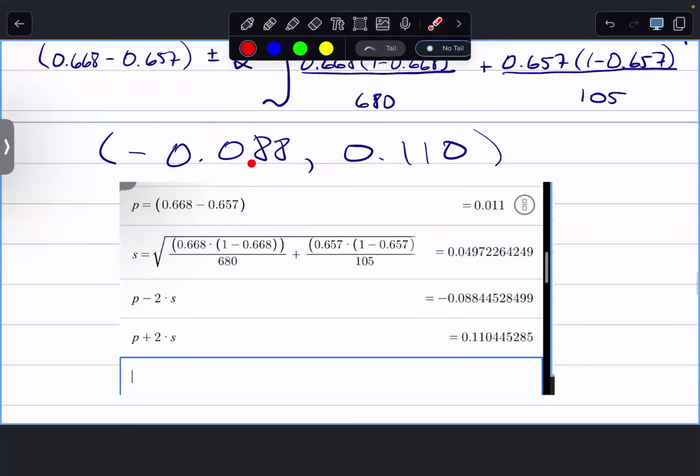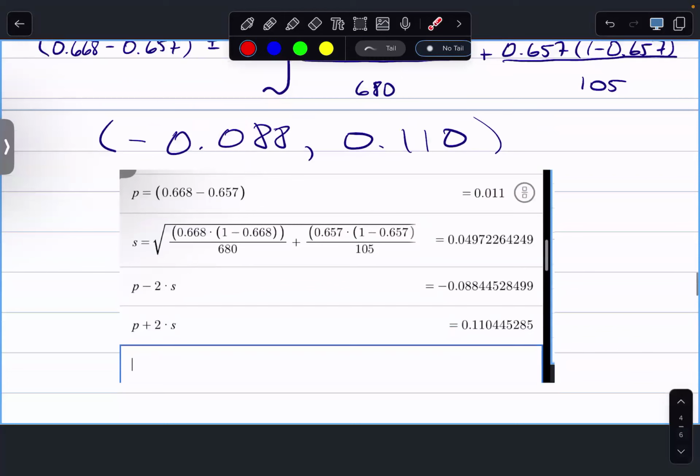This is for the difference in the proportions, right? So the difference in the proportions goes from a negative number up to a positive number, right? And so usually what we want to know is whether the difference in proportions shows that they're significantly different from each other, right?